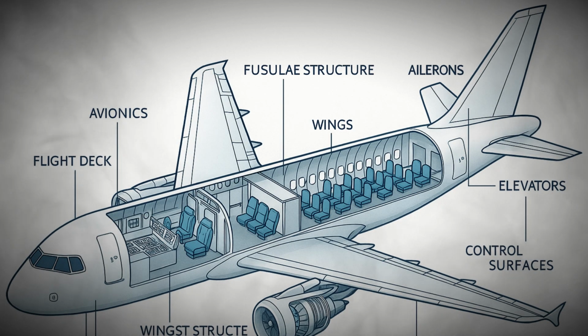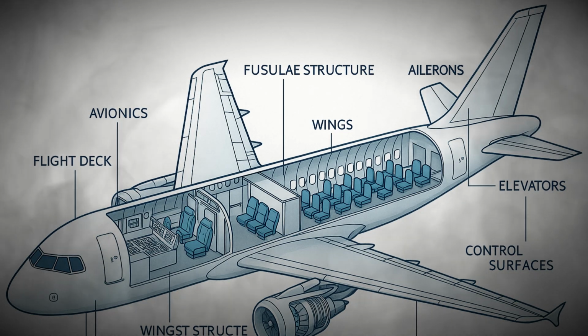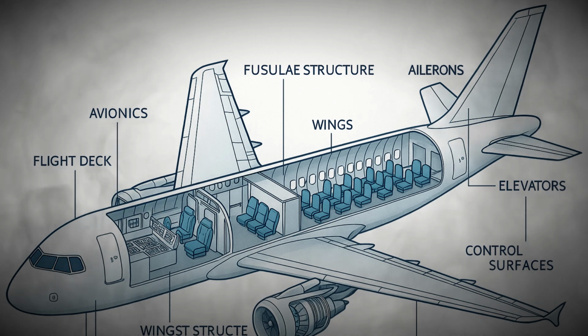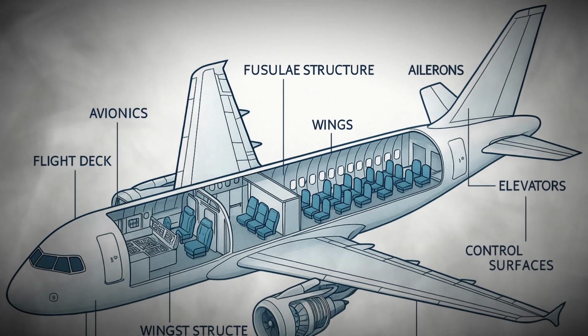Hydraulic systems amplify pilot inputs with pressurized fluid, reducing the physical effort required to move large surfaces, such as elevators and ailerons on heavy aircraft. Fly-by-wire systems, now common in modern airliners and military jets, replace physical linkages with electronic signals.